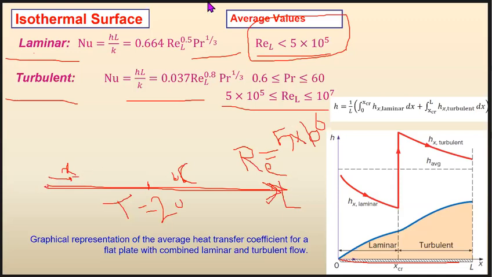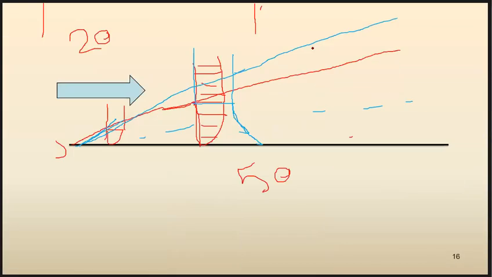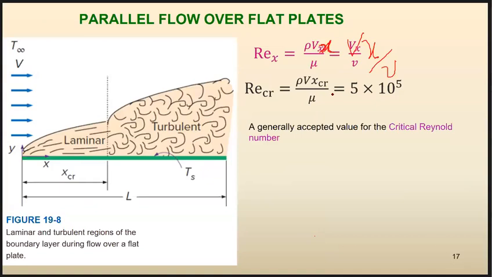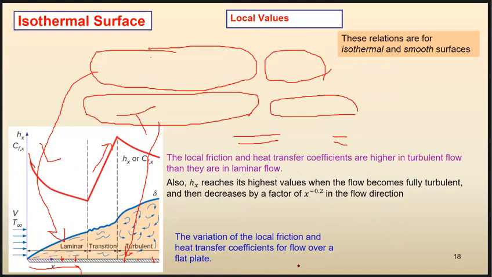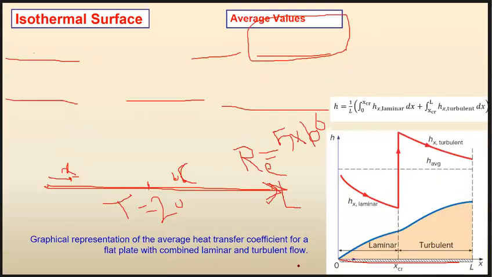Because you see, Reynolds number is a function of X: density times velocity times X divided by kinematic viscosity. So as X increases, the Reynolds number also increases. That means not from the beginning is your Reynolds number very large, corresponding to turbulent regime.